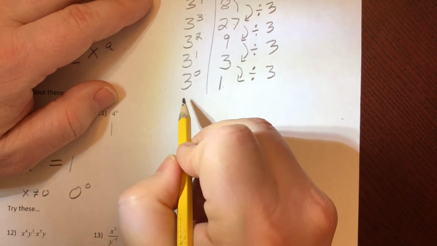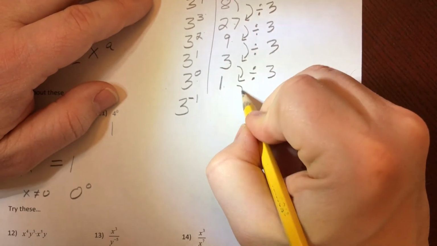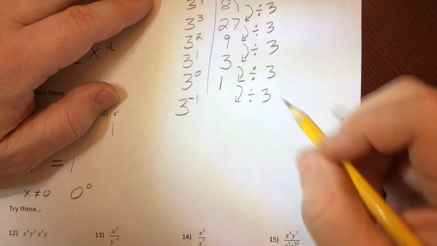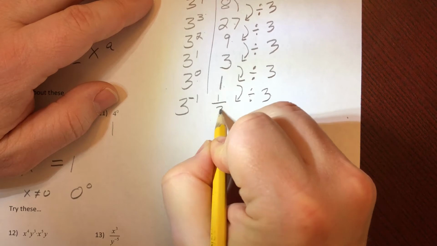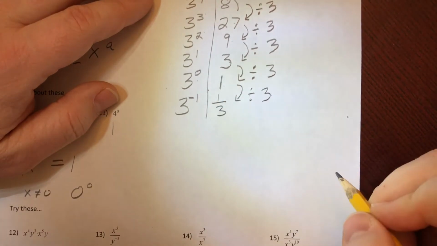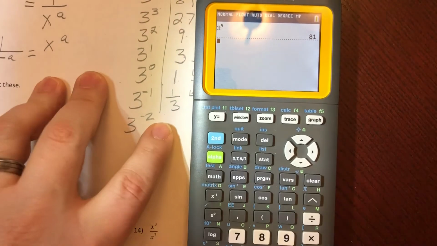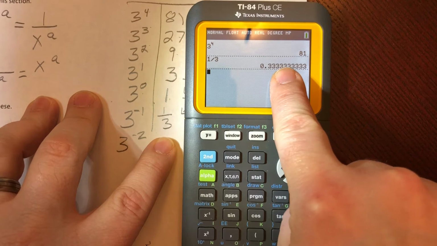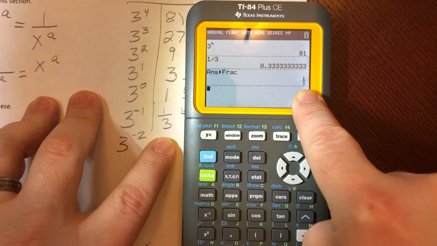Now let's push it one step further. What would be 3 to the negative 1? Well, if we extend that pattern again, we divide by 3. Well, what's 1 divided by 3? 1 divided by 3 is 1/3. How about 3 to the negative 2nd? Well, let's go to our calculator. What's 1 divided by 3? That's 0.3 repeating. If I do math, enter, enter to turn it into a fraction, I get 1/3.